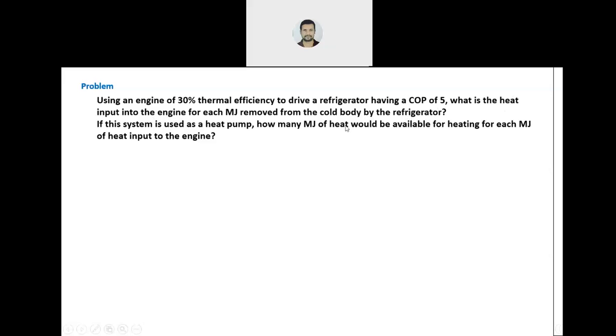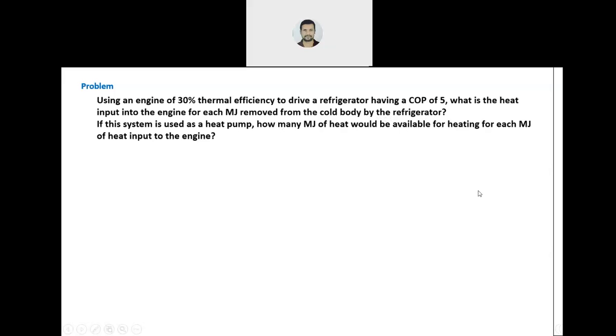Okay, so there is an engine which is driving a refrigerator. The efficiency of the engine is given as 30% and the COP of the refrigerator is given as 5.